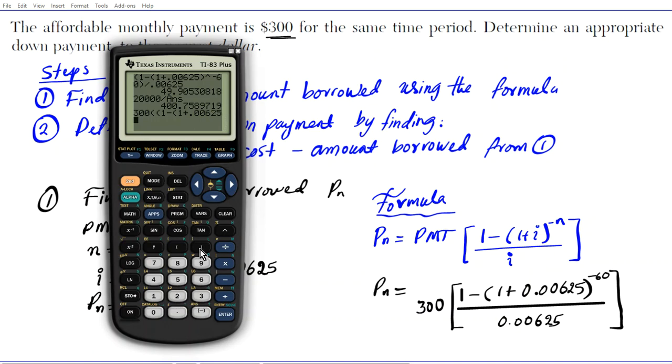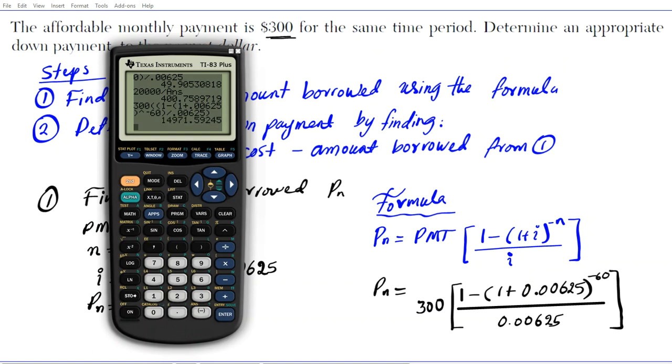You can just do 1.00625 if you want. Close that, raise it to the negative 60th power. Not minus, this is negative, okay? So we go ahead and close the numerator, and then divide it by the denominator, which is 0.00625, and then close this entire expression.